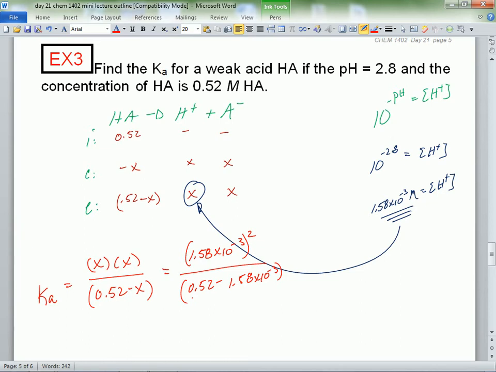It's a calculator, so you might as well not drop it. And really get comfortable with your calculator. You can do all this in one step if you learn how to use parentheses. You can do 1.58 times 10 to the negative 3, hit x squared, divide, parenthesis, 0.52 minus 1.58 times 10 to the negative 3, parenthesis, and you got the answer.